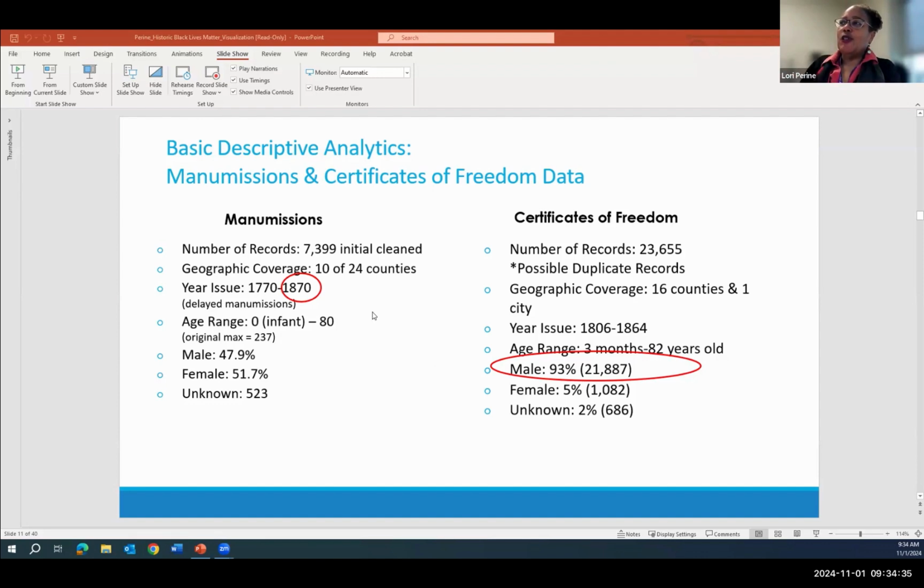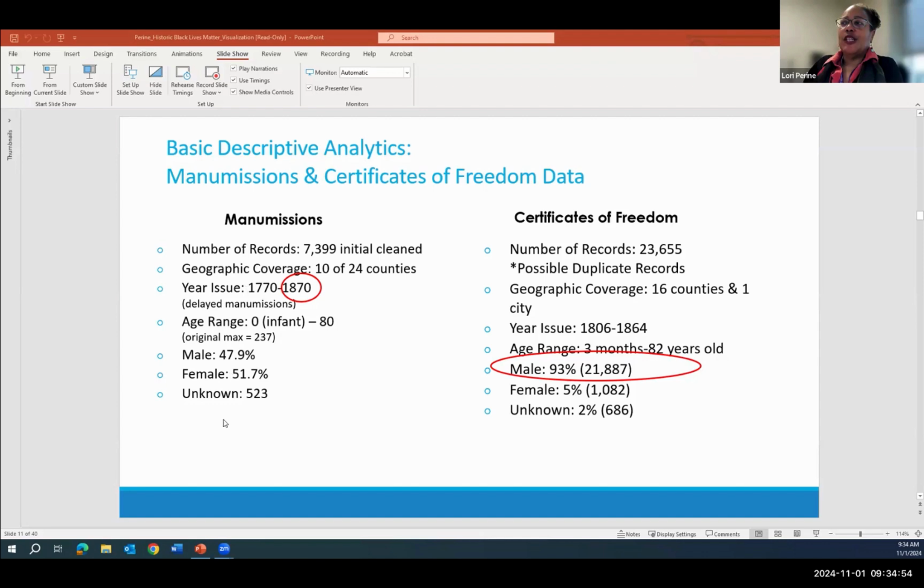But what I do want to focus on is the manumissions documents, a quite large number of documents covering only part of the territory in the state of Maryland, coming from only 10 counties, with various anomalies.